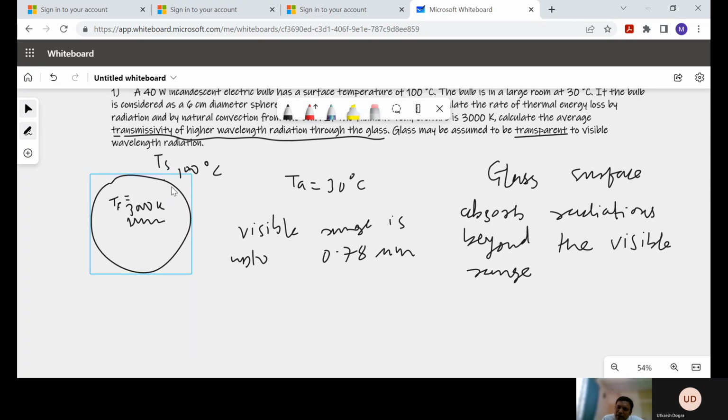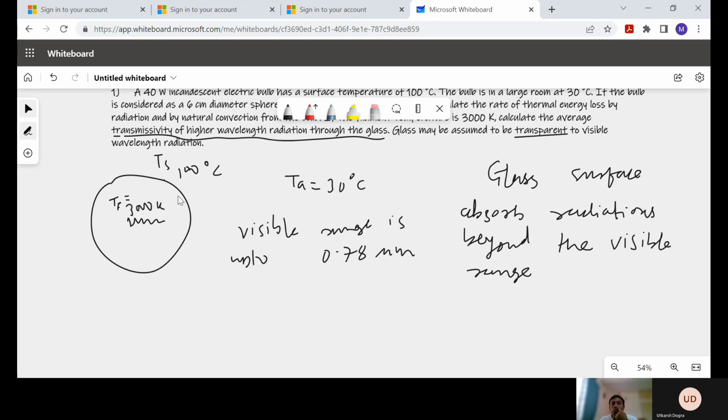Out of the radiation in the invisible range, part of that will get absorbed on this bulb. And this bulb, being at a temperature of 100 degrees Celsius, is going to emit radiation, isn't it? And also it is going to dissipate heat by convection.